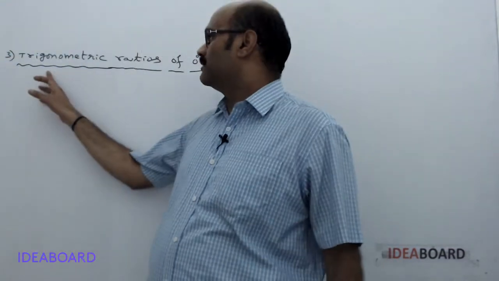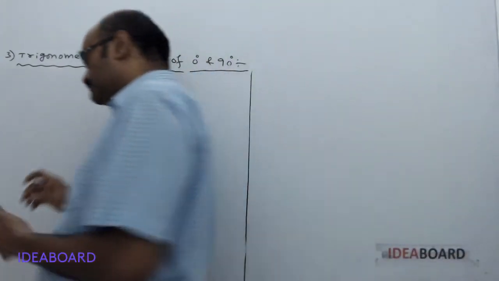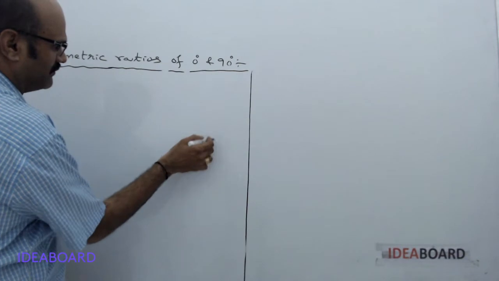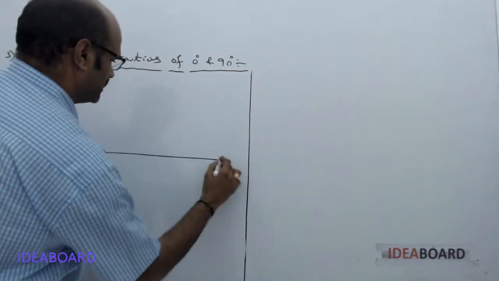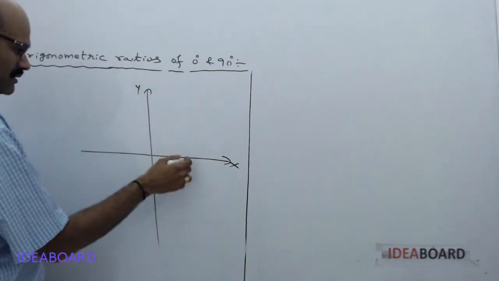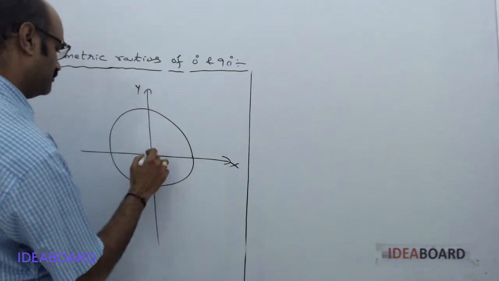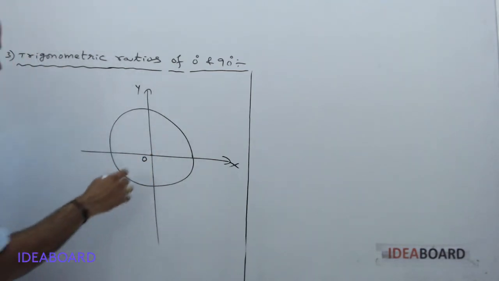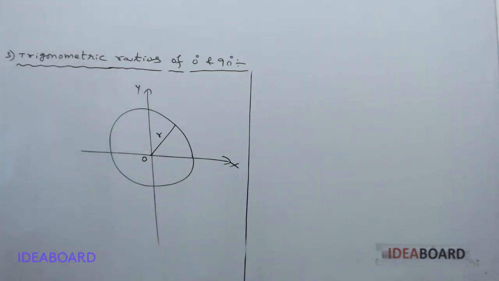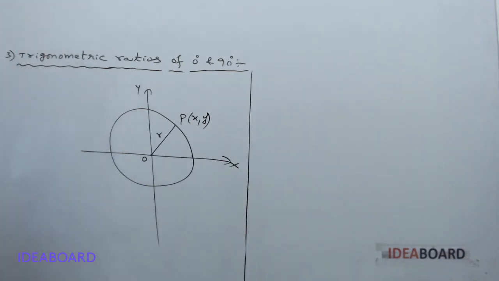Now we have to discuss trigonometric ratios of 0 degrees and 90 degrees. Consider a circle with the center O and radius R. Say x-axis, and here you take it as y-axis. Let P(x, y) be any point on the circle.